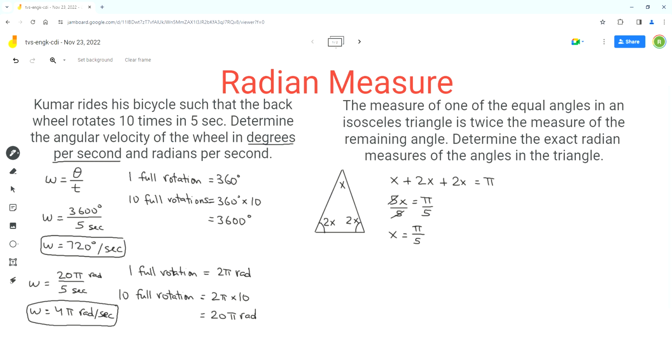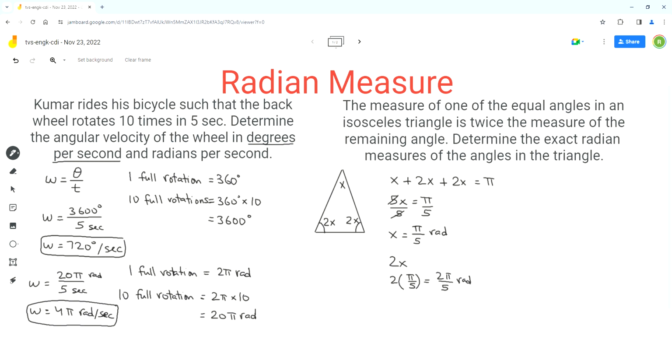Now we can calculate the value of one of the angles that are equal. So that is 2x. So we'll sub in x as pi over 5. So 2 times pi over 5, which is equal to 2 pi over 5. And the unit is radians.